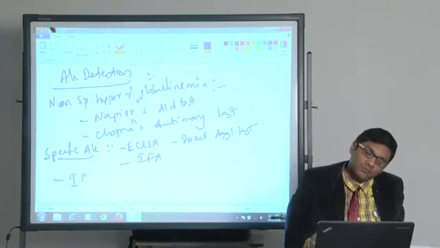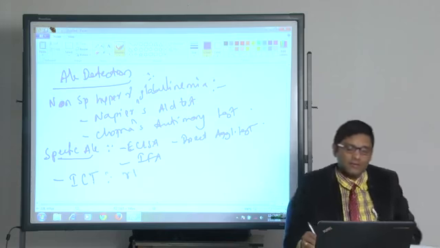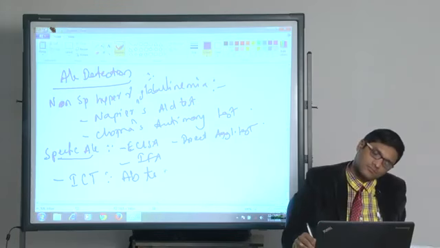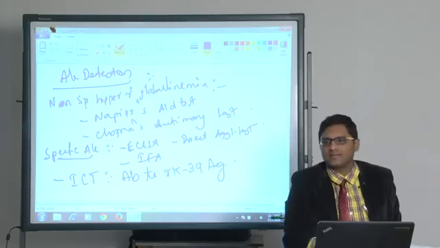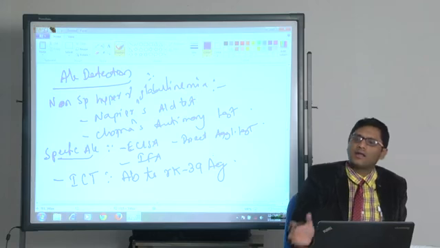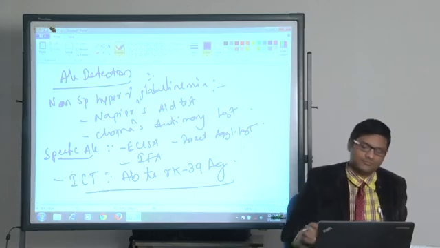The last but most important is the immunochromatographic test, detecting antibody against RK39 antigen. So this is upcoming, this is quite popular nowadays.